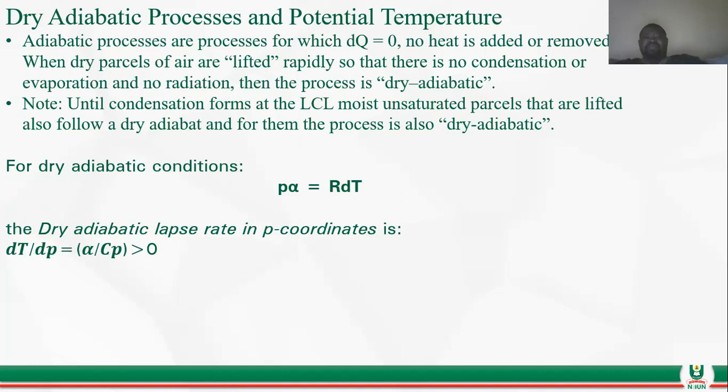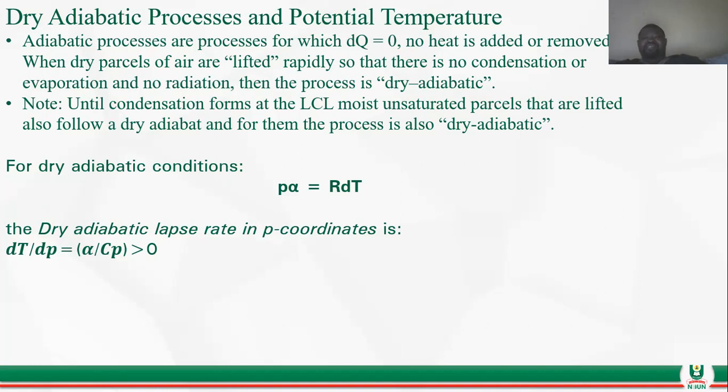Dry adiabatic process and potential temperature. Adiabatic processes are processes for which dQ equals 0. That's the heat; heat is equal to 0. No heat is added to or removed from the system when dry parcels of air are lifted rapidly so that there is no condensation or evaporation and no radiation.